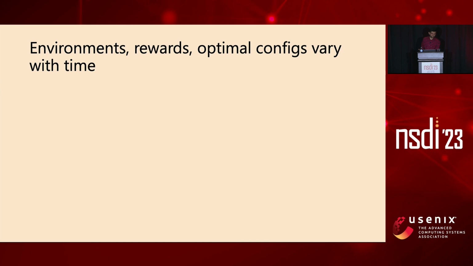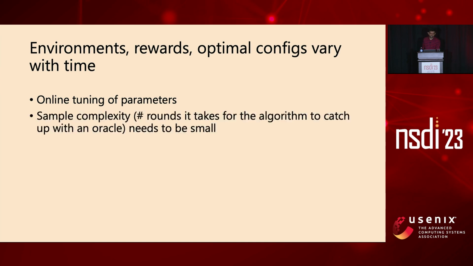Two more key considerations arise due to the fact that environments vary with time. This necessitates online tuning of parameters rather than offline tuning, where you can collect data, train your algorithm, and then deploy it. Here you want to constantly adapt to changes. And you want your sample complexity to be small, which is the number of rounds it takes for your algorithm to keep up with an environment.